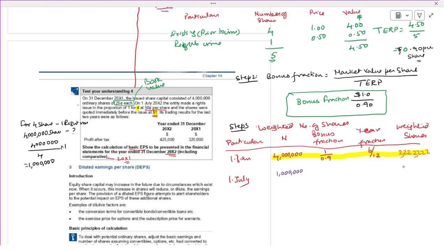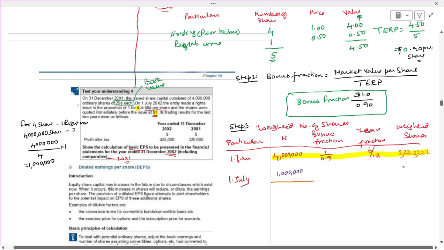Now, how many shares are there at the end of the year? On July 1st, how many total shares do you have? 5 million. This 5 million is for the next 6 months, by the same rule. What we have done here is January to June, and here July to December.